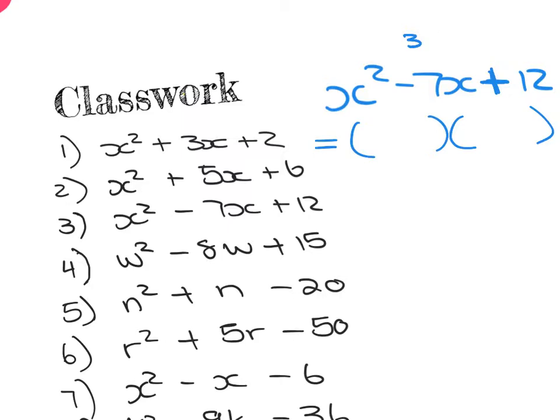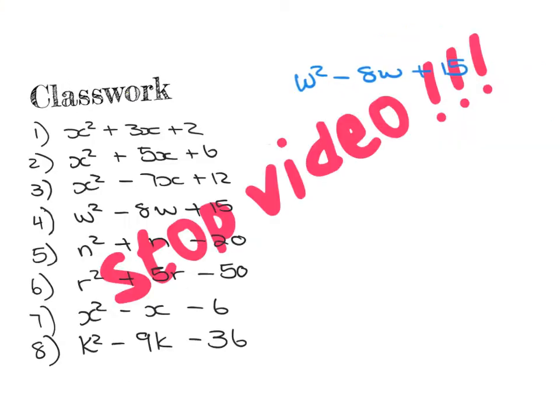So 3 and 4 is 12, and minus 3 and minus 4 is minus 7. Minus 3 times minus 4 gives you positive 12. So it's x and x, minus 3 and minus 4. Do the next one, but stop the video first.